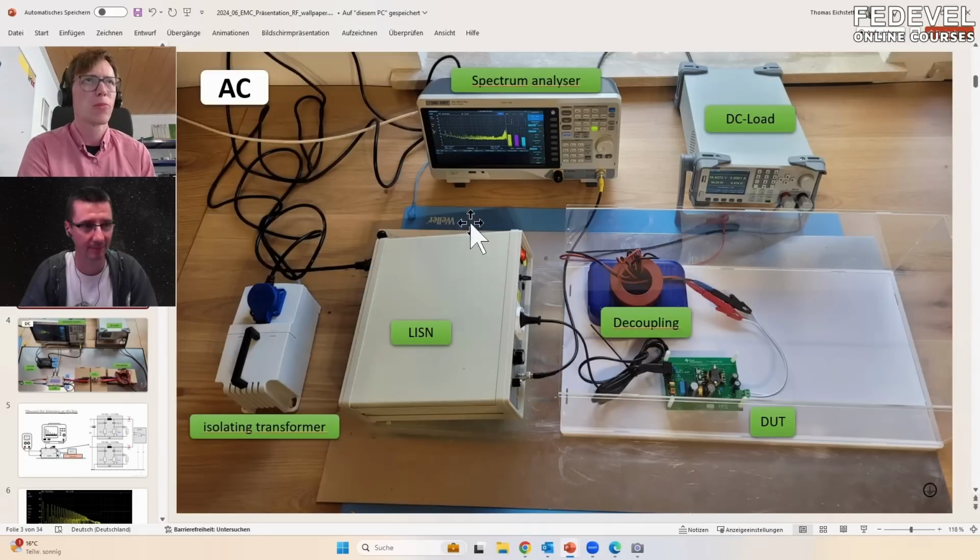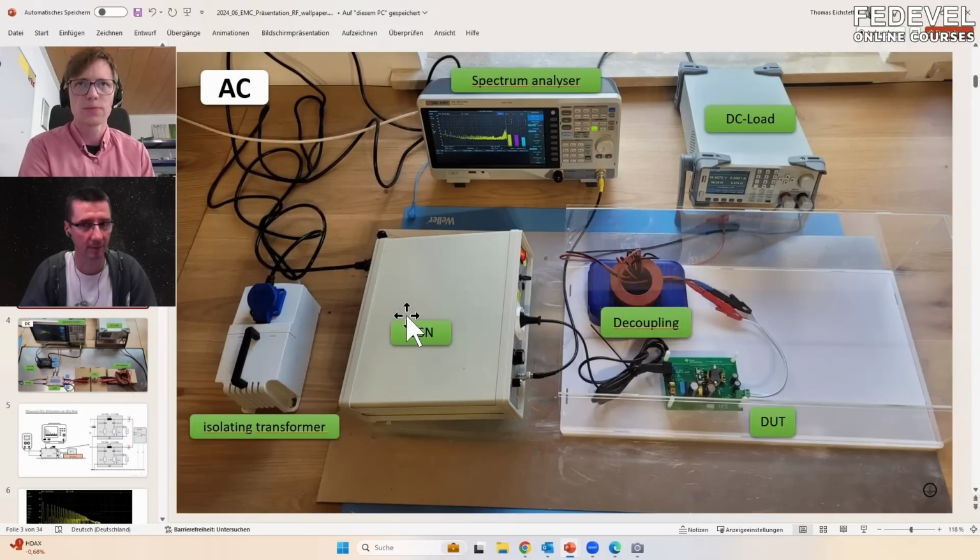You have a spectrum analyzer here. There is some DC load where you waste all the energy just to run the circuit. And especially here you have an isolating transformer so that the protection circuit does not turn off your AC supply.